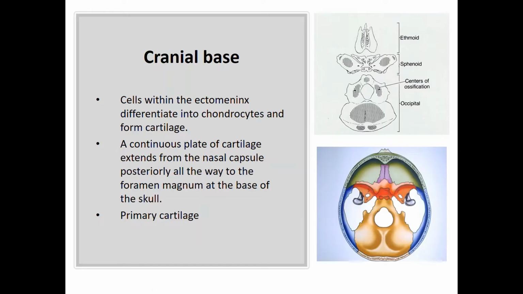It will differentiate to chondrocytes, and then chondrocytes will start to form cartilage. This cartilage is a primary cartilage. So we will have cartilage first, and then this cartilage will get invaded by blood, and then we will have bone formation. So the type of bone formation is endochondral ossification.